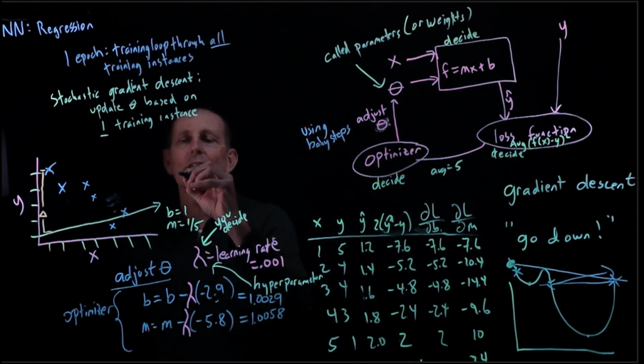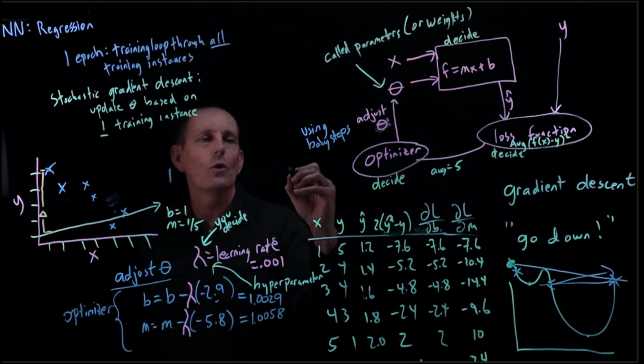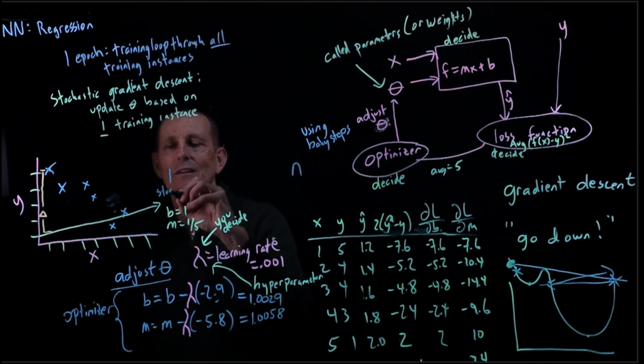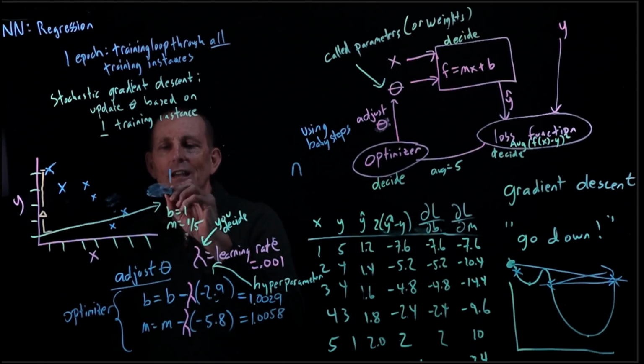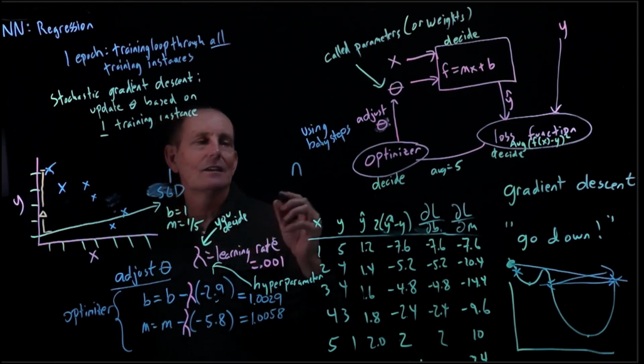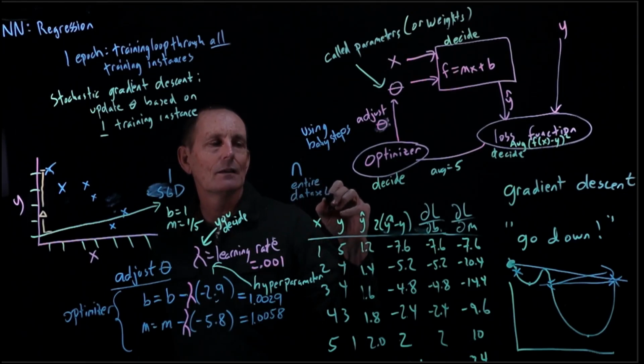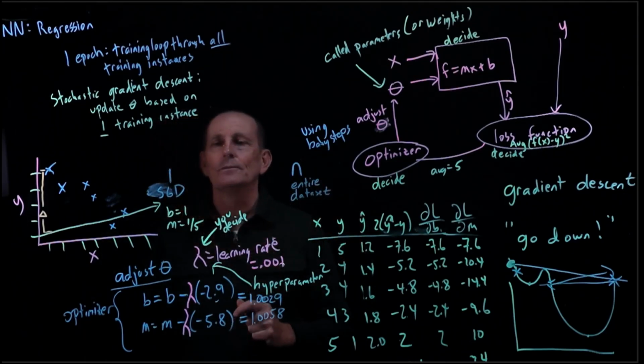So we have this possibility of either one training instance or n training instances. So this is stochastic. Let's just call it SGD. And this is the entire data set. We can also do something in between.